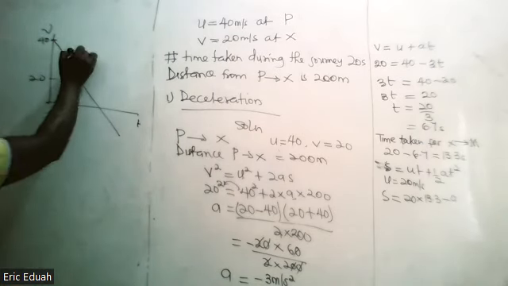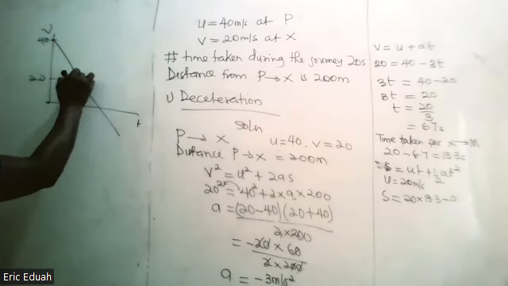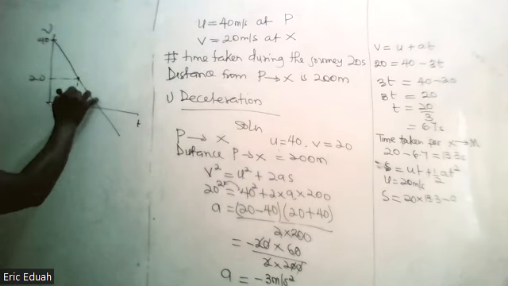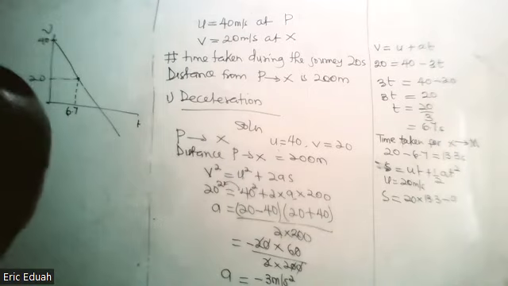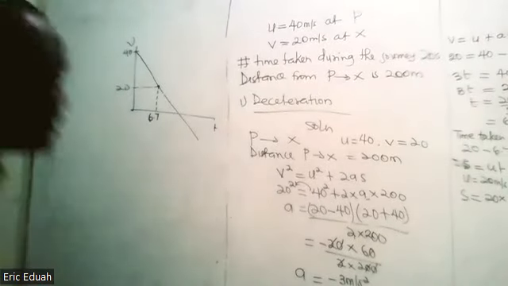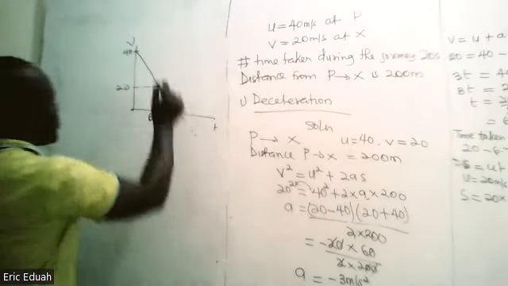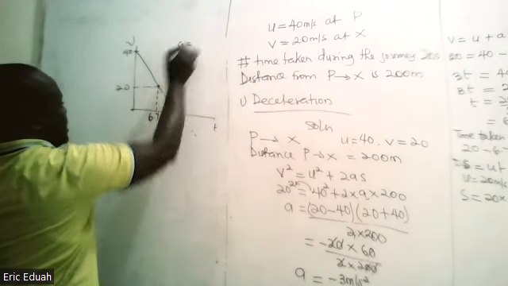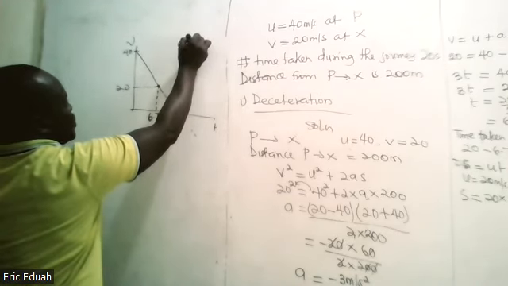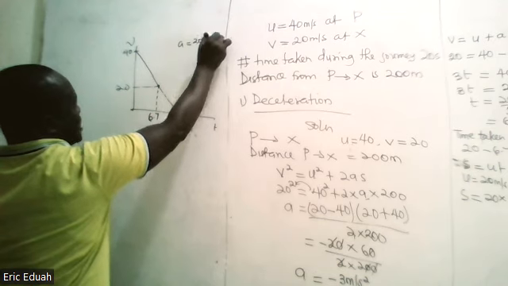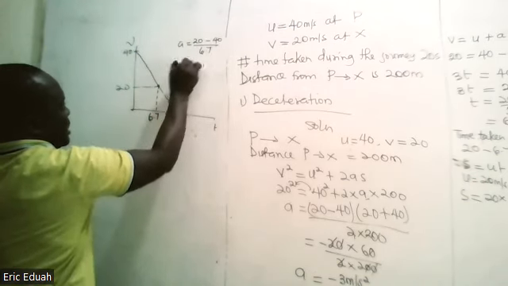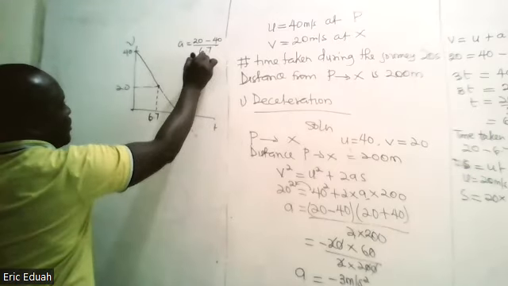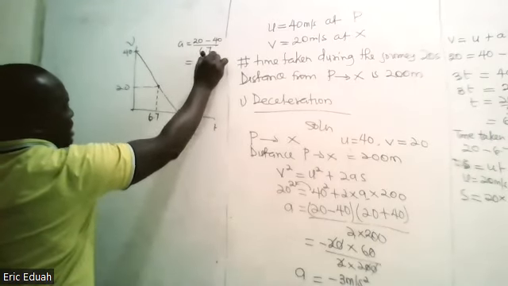We determined the time over here, and what's 6.7. So the acceleration is 20 minus 40 on the time 6.7, which would give us 3 meters per second squared.